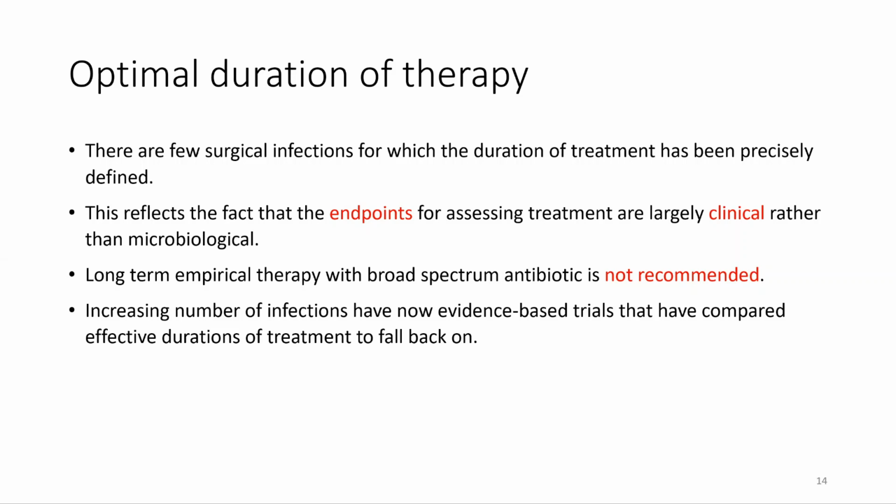Clinical means that you have to look into the patient's clinical response and all those septic parameters to assess how long you want to give the patient the antibiotic, rather than conducting repeat sampling to look at the microbiological response. So it doesn't work that way. Prioritization should be given to clinical response rather than microbiological response.